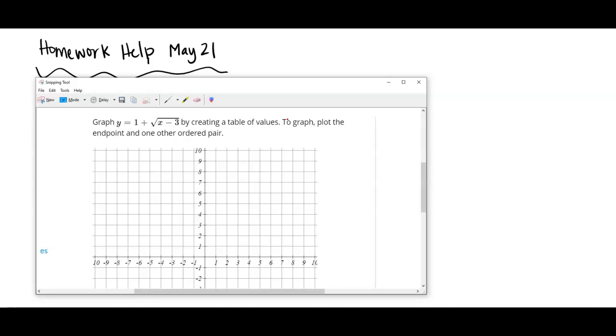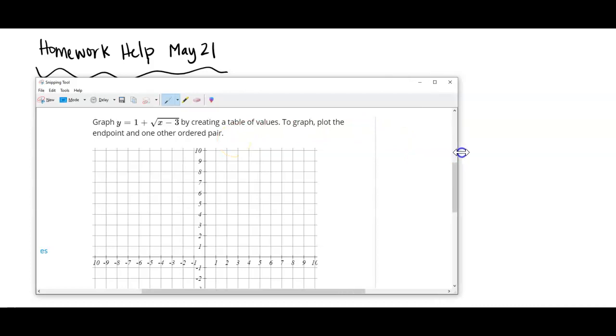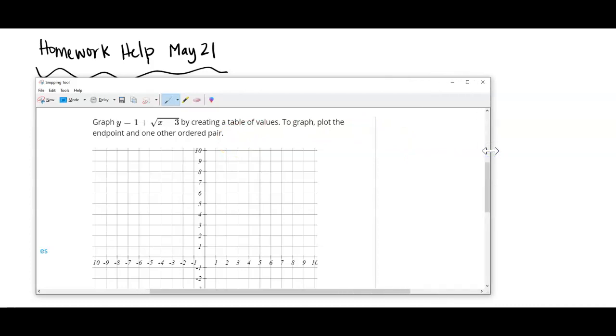All right. So remember there's a couple of things on here. We've got this square root graph, and we talked about yesterday how a square root graph is always going to have this kind of shape to it. Keep that in mind.